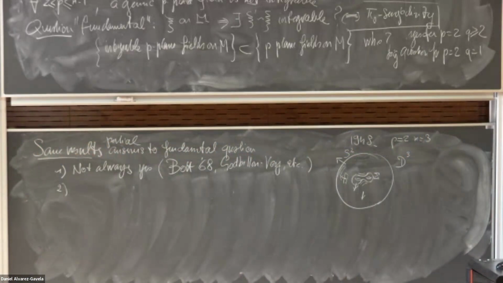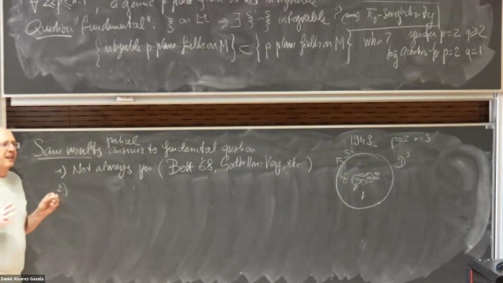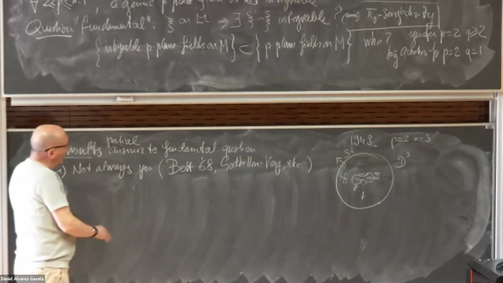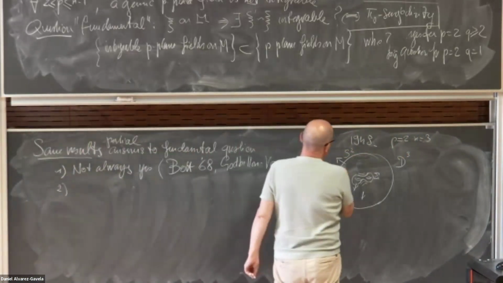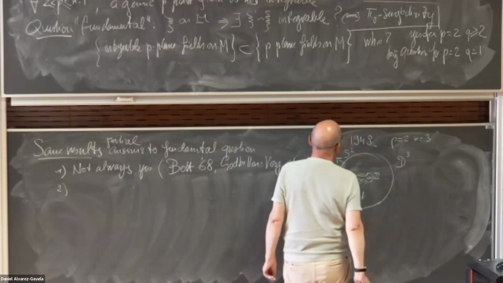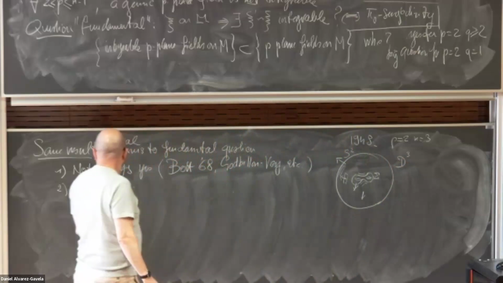In fact, codimension 1 tends to be less flexible, more rigid than the other codimensions, and it is so for the relative form. Well, you are given already a foliation on some subspace and you want to extend it.